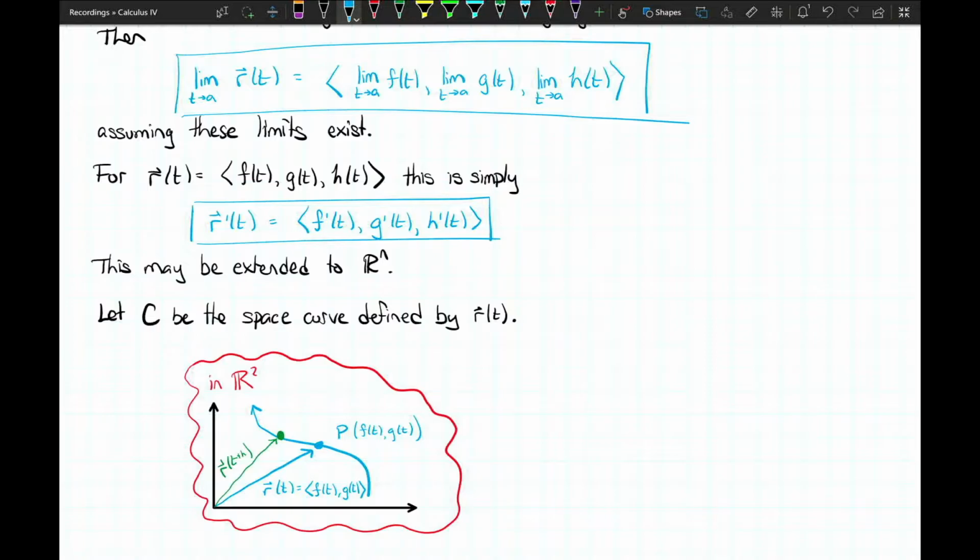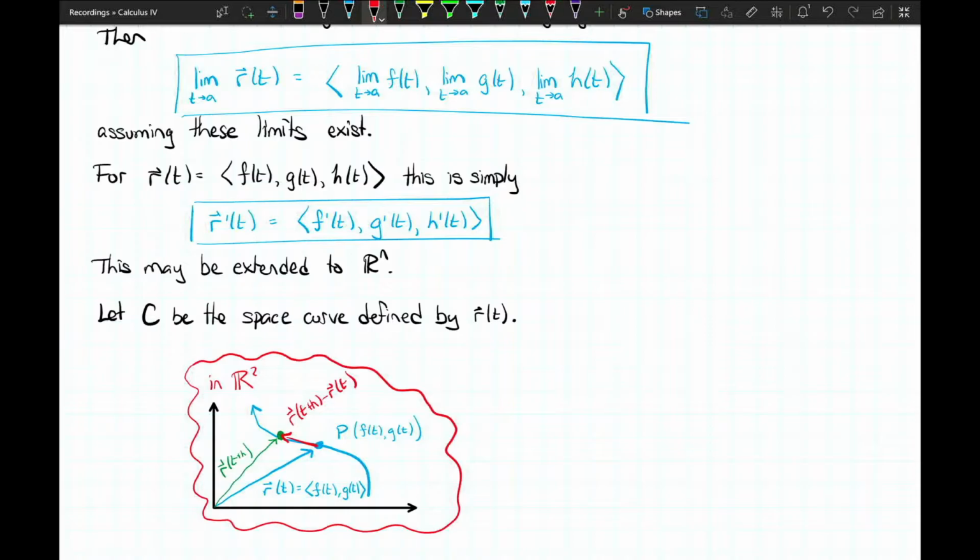Now, just for the sake of making this easy to understand, let's let h be maybe a positive small step, but h could also be negative. If h is just this tiny little step forward, then r of t plus h is going to get us a second position on the space curve. And then subtracting the two, we end up with the vector r of t plus h minus r of t being this red vector between the two points.